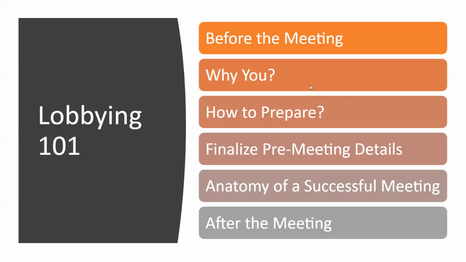So let's start with before the meeting. Some of the things we ask folks to do: all of you were sent talking points on the different issues that we'll be covering in the meeting. And after this training tonight, we'll send you a link with a lot more material, fact sheets and sign-on letters and that sort of thing that you can review. So it's good to get familiar with the issues we're talking about.